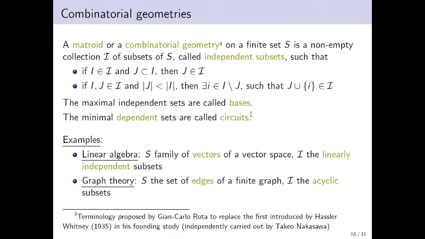But one interest of this theory, but it's not the only one, is that there are also examples of matroids which have no linear realization. So that's a huge theory. There are huge books about all these things. But even though I'm going to talk only about examples such as the second one, which actually can be seen as examples of linear algebra, it really does help to think about this object, to think about this framework.